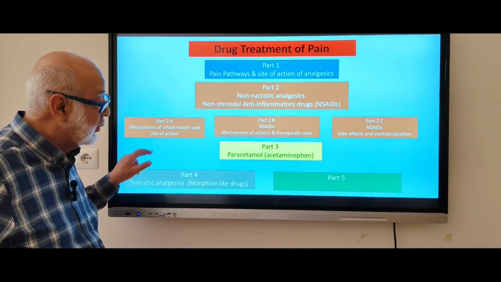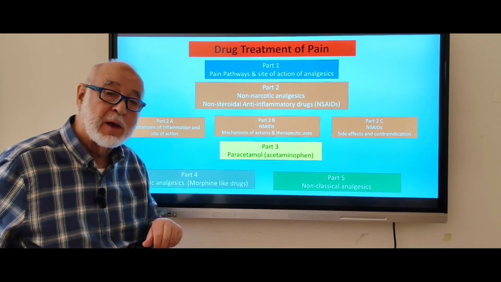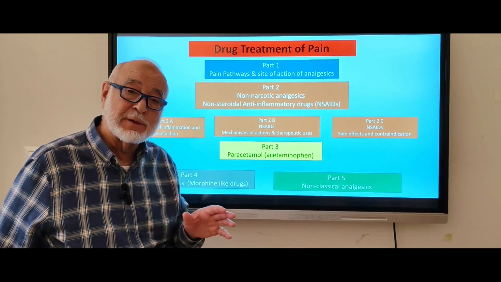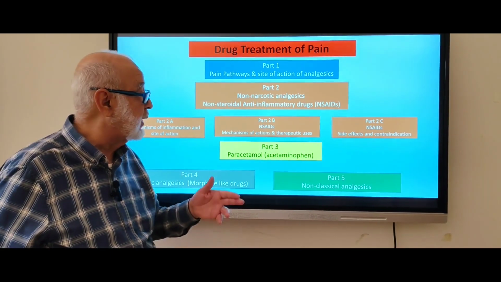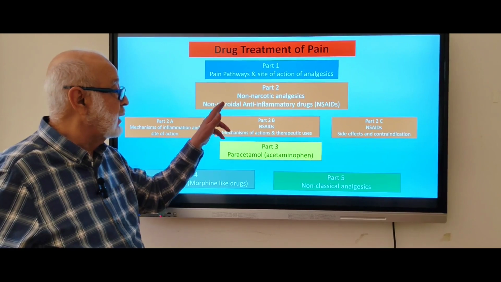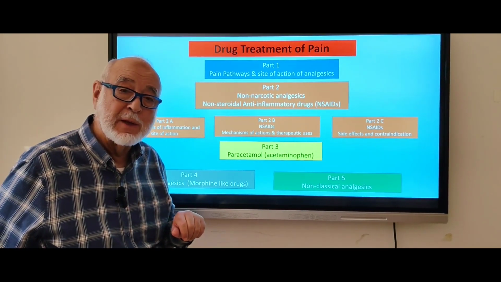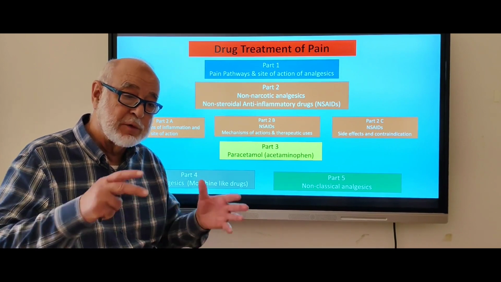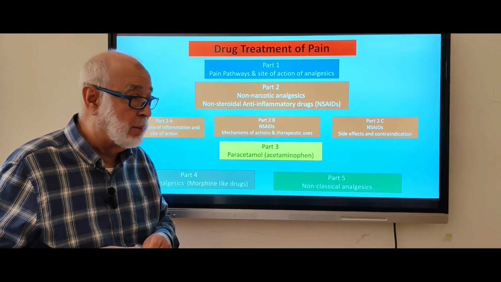And lastly, we'll talk about a group of drugs known as non-classical analgesics, i.e. they are not classified as non-steroidal or narcotic analgesics. Okay? So this is generally the roadmap of what we are going to talk about.